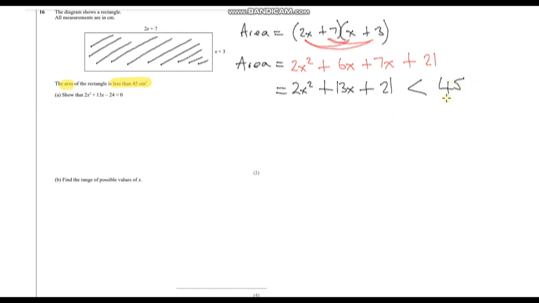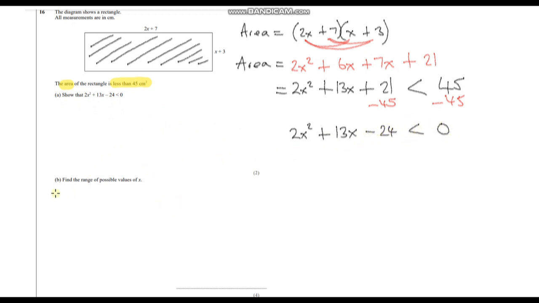So if we take away 45 from both sides, what are we left with? Well, we're left with 2x squared plus 13x, and then 21 minus 45 is minus 24, and that is less than 0, and we're done. We have shown that 2x squared plus 13x minus 24 is less than 0.